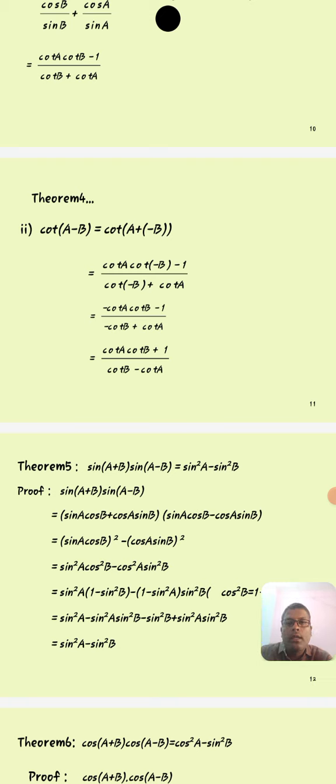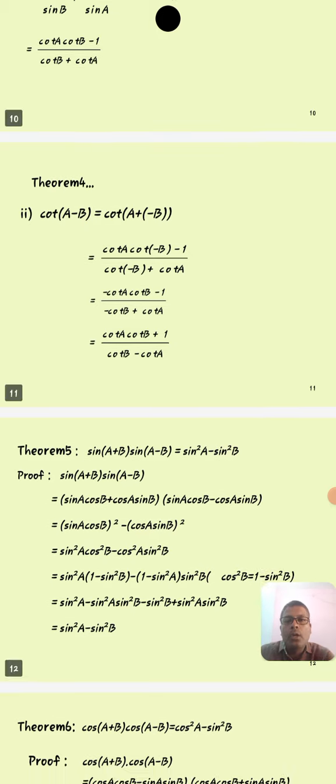So we write cot a into cot of minus b minus 1 divided by cot of b. What is the b value? Minus b. So cot of minus b plus cot a. We know that cot of minus theta is equal to minus cot theta. So cot of minus b is minus cot b.